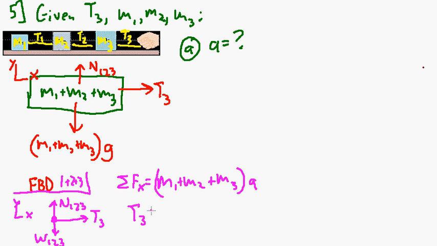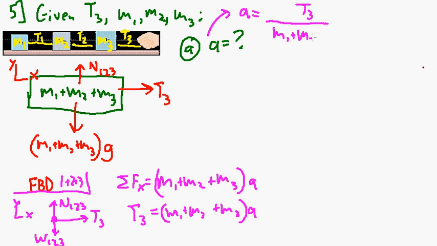It equals M1 plus M2 plus M3 times a, which means a equals T3 divided by M1 plus M2 plus M3. And you can send that to Grandma because that is the answer to part A. But maybe Grandma wants to know the answer to part B.